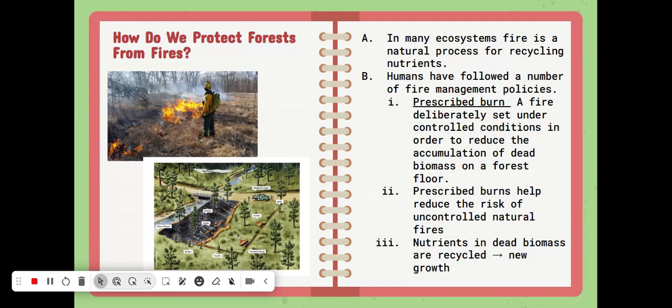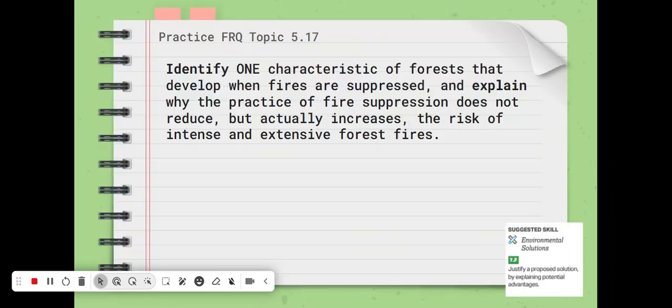A prescribed burn is used to wipe out all of that fuel on the forest floor, because the more fuel on the forest floor, the greater chance there is for a much larger fire to take place and then rip through the actual canopy of the forest itself.